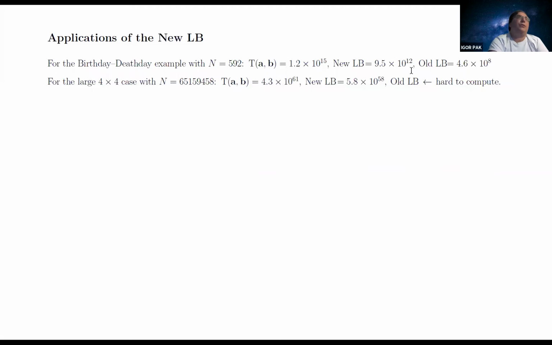We get 10 to the 12, almost 10 to the 13 for the lower bound. And similarly for this large example computed by Jesús De Loera, the true number is 4.3 times 10 to the 61, and we get 5.8 times 10 to the 58, which is about 800 times smaller.